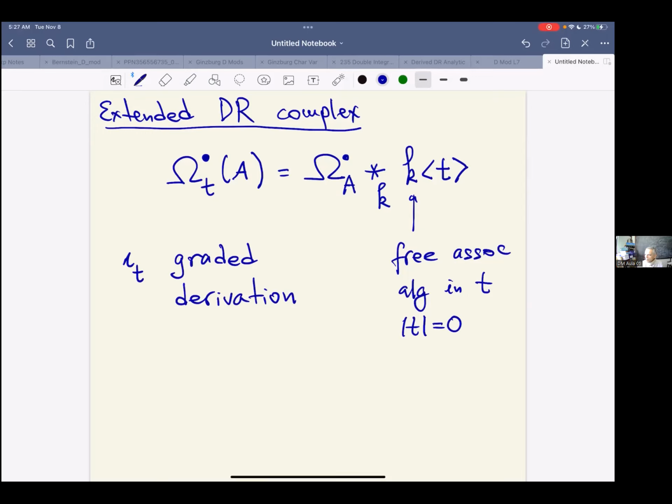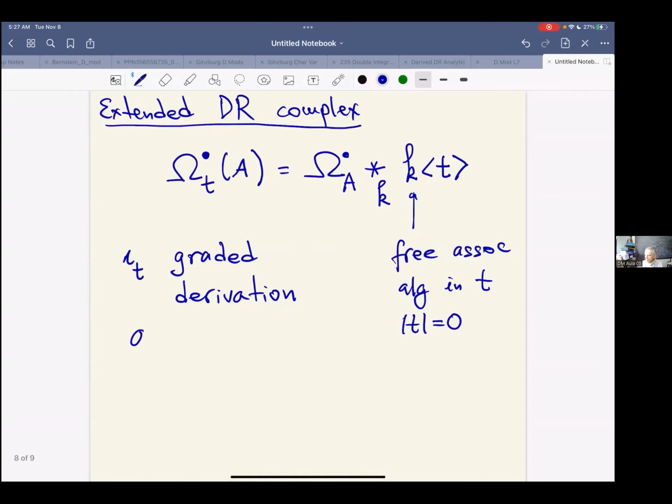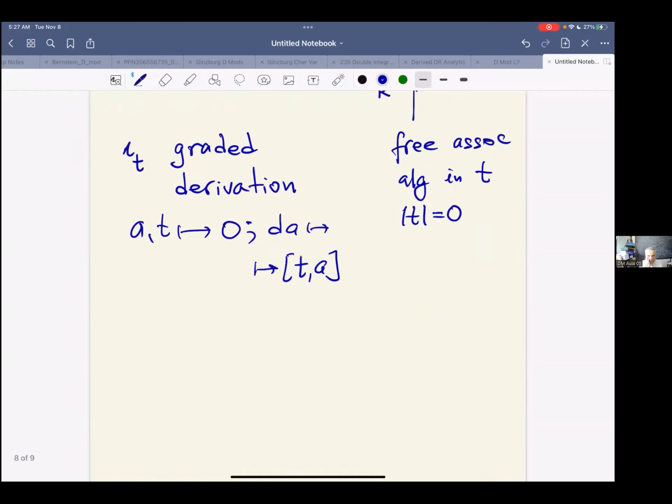We already have d, of course, but also we have a graded derivation that sends A and T to 0, and dA it sends to the commutator with T. And you extend it to a derivation.